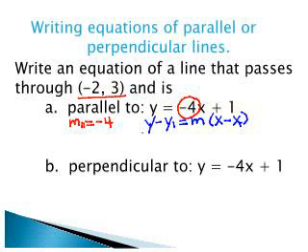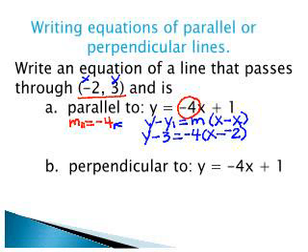So by plugging in, we have y minus, your y1 is up here, which is 3, equals your slope, which is negative 4, from right here, parentheses, x minus x1, which comes from up here, which is a negative 2.